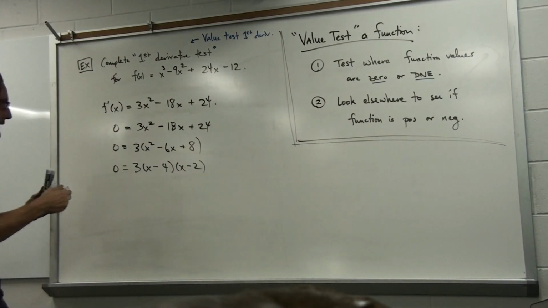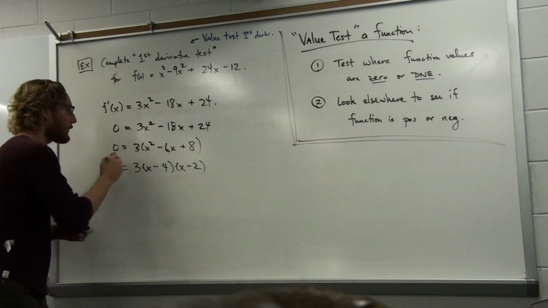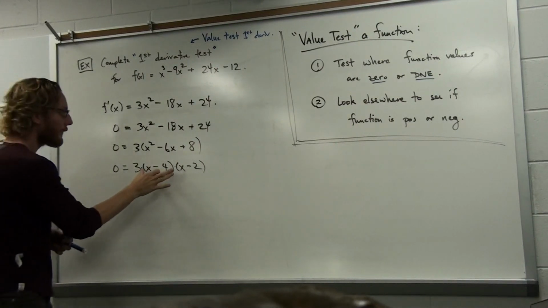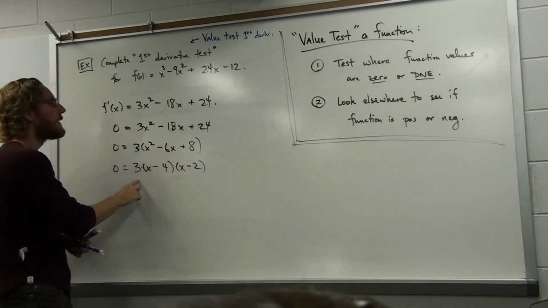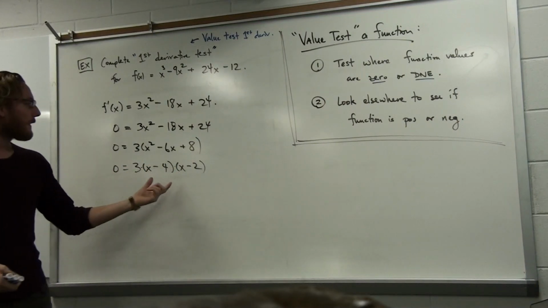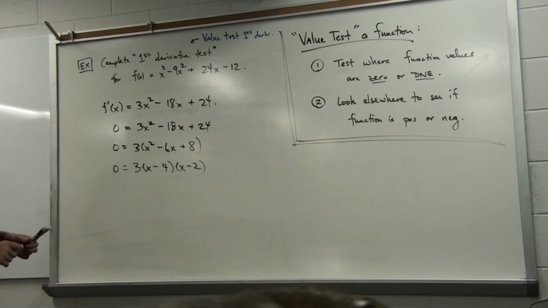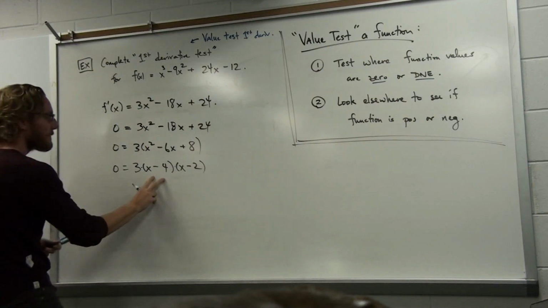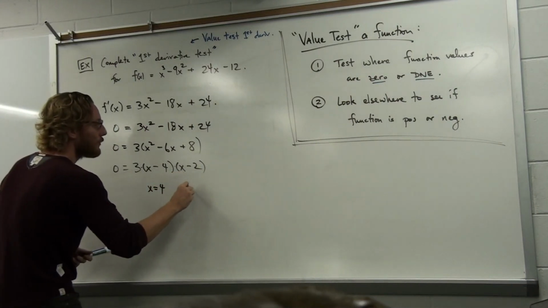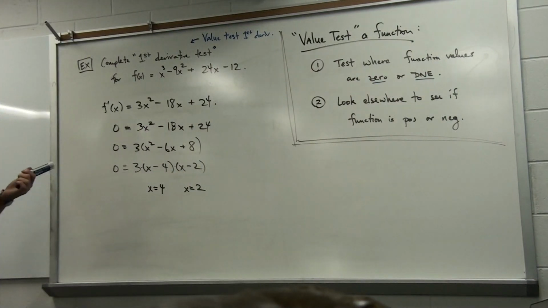And as is the case any time you have things multiplying to be 0, you know one of the factors must be 0. So in order for this statement to be true, 3 times something to be 0, certainly 3 is not 0. The x minus 4 or the x minus 2 must be 0, but x minus 4 would be 0 when x is 4, and x minus 2 would be 0 when x is 2.